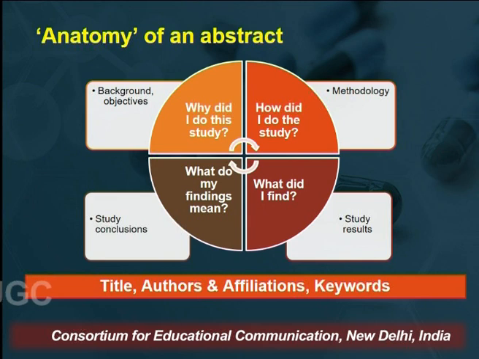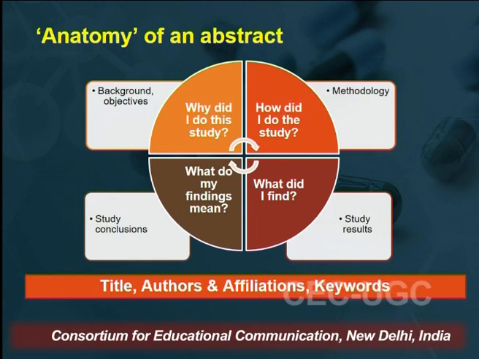So now, anatomy of an abstract. If we bisect the abstract, we get 4 different quadrants. Why did I do this study? This I will tell through my background and objectives section of the abstract. How did I do this study? This is through the methodology section. What did I find? The study results section. What do my findings mean?